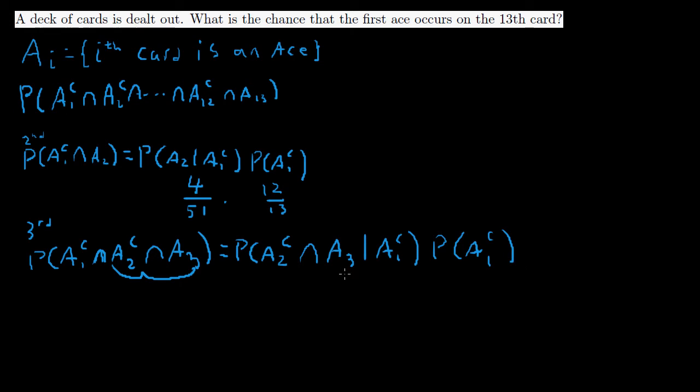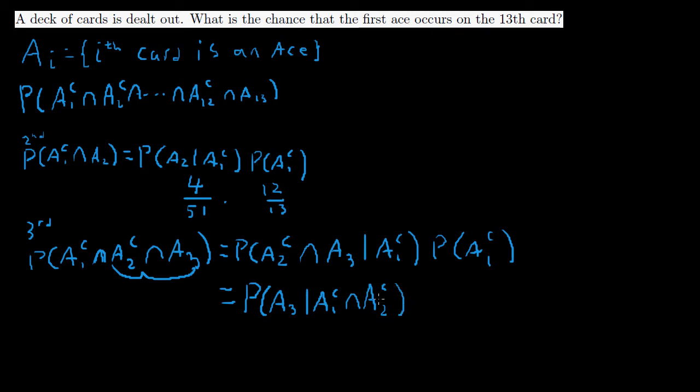Remember that we can use the same multiplication rule we did with unconditional probabilities with conditional probabilities. And so this stays untouched. It's still going to be there. So let's take this, and then we have the probability of A3 given A1 complement and A2 complement.